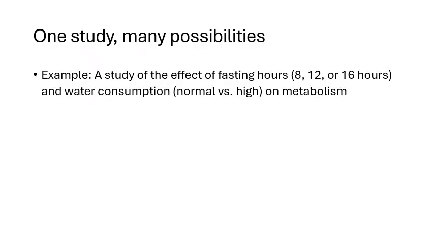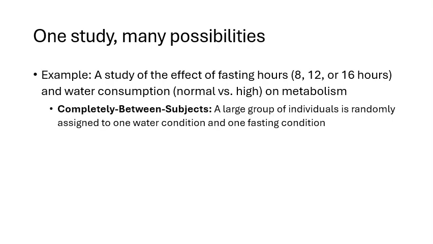So let's imagine that we wanted to study the effect of fasting hours, 8, 12, or 16 hours in a 24-hour period, and water consumption, normal, what a person would normally drink, versus high, on metabolism. We could do this as a completely between subjects design and take a large group of individuals and randomly assign them to one water condition and one fasting condition, and then measure metabolism in some way.